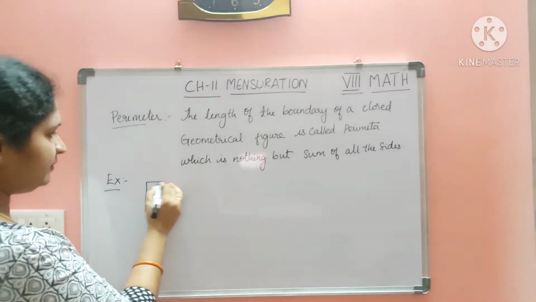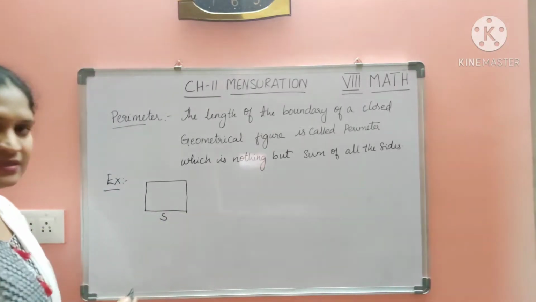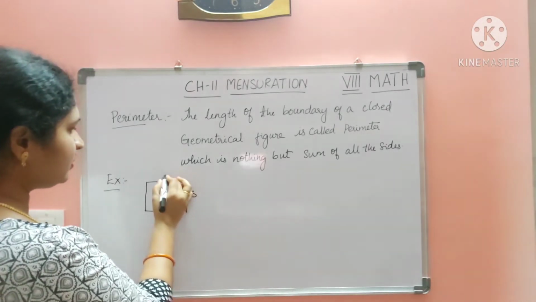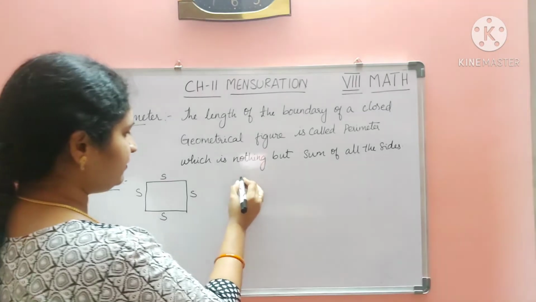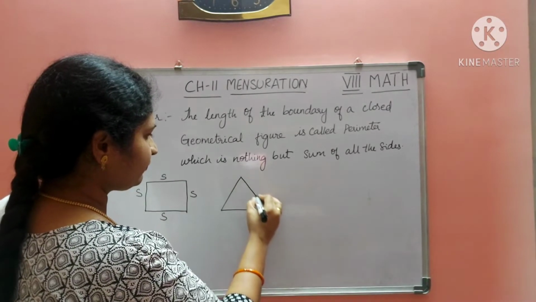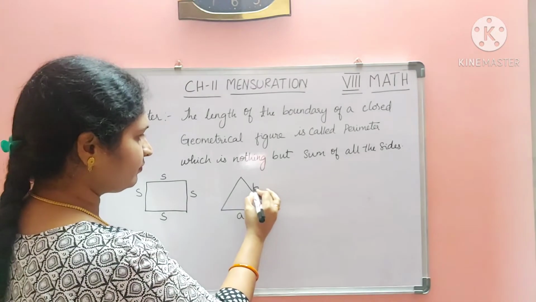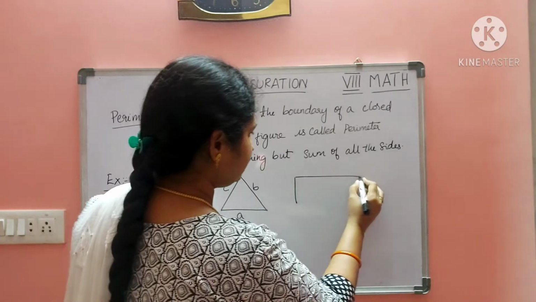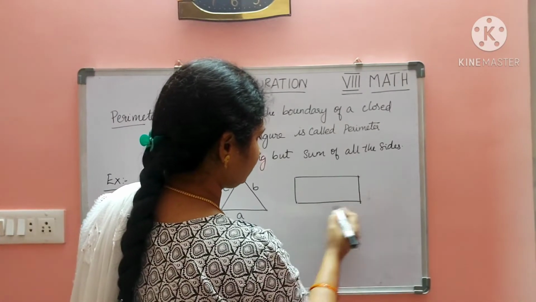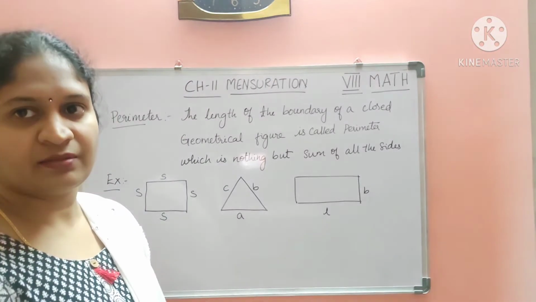Here I am taking a square of side S. Since it is a square, the length of all sides are equal, and I am taking a triangle here with sides A, B and C, and a rectangle with length L and breadth B.